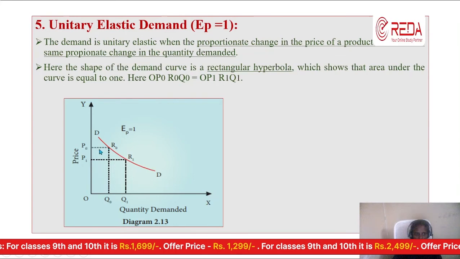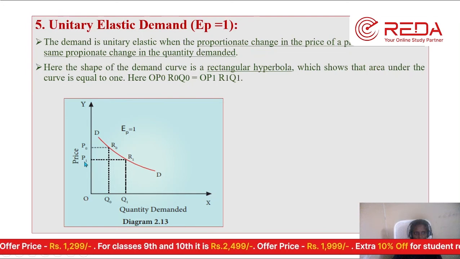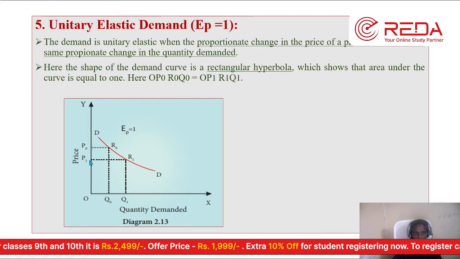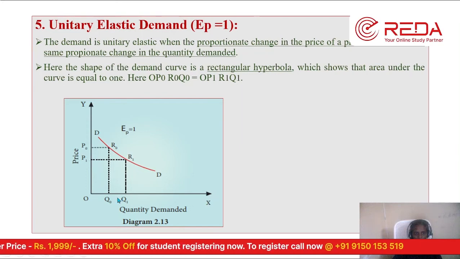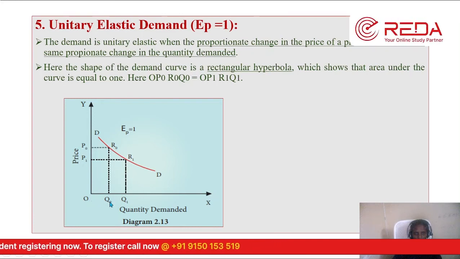If the price decreases from 0P0 to the 0P1 level, that is, instead of 10 rupees the seller decreases the price of the commodity to 5 rupees, what will happen to the quantity demanded? It will change in proportion, from the 0Q0 level to the 0Q1 level.